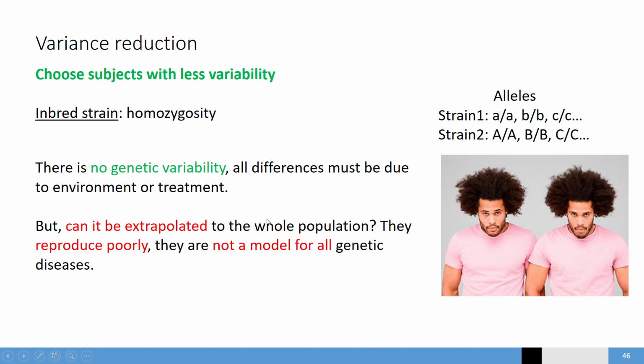So they reproduce poorly, they are not models for all genetic diseases, so they have experimental problems. And then the generalization problem. You have seen a difference between these twins, but how do you know that this difference will extrapolate to other individuals?